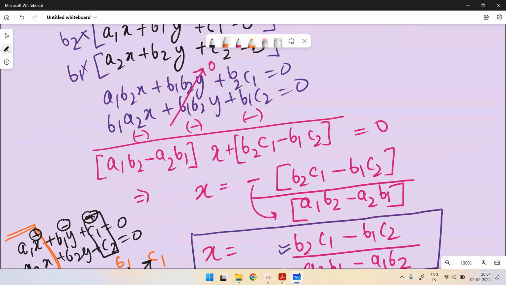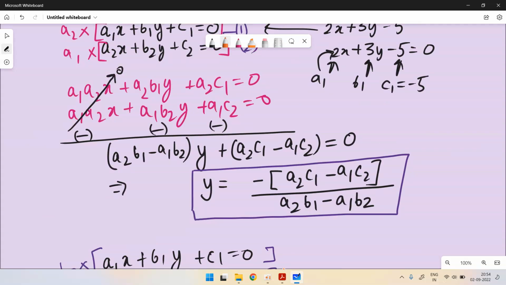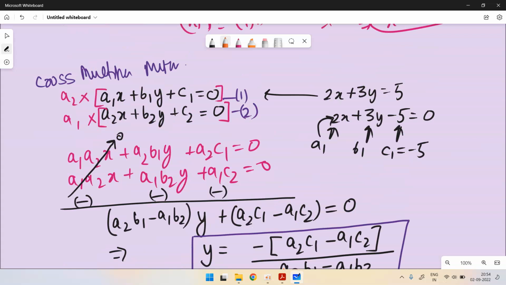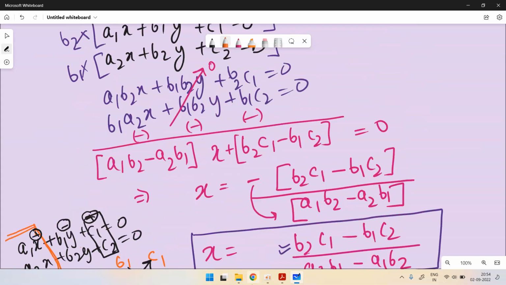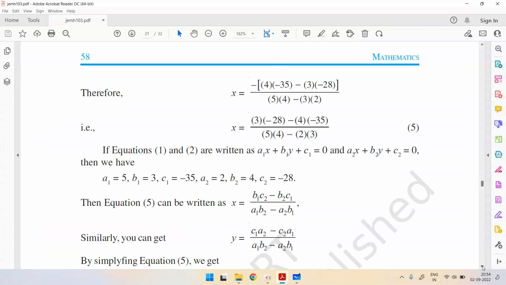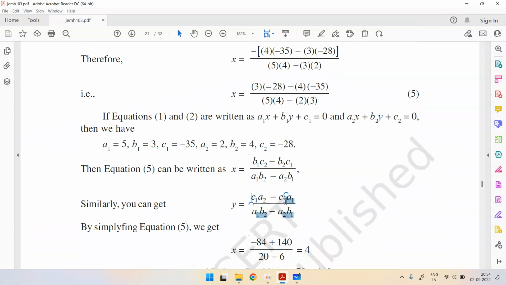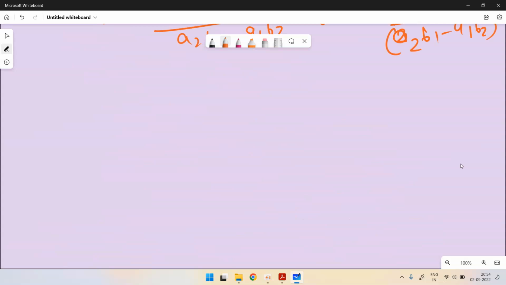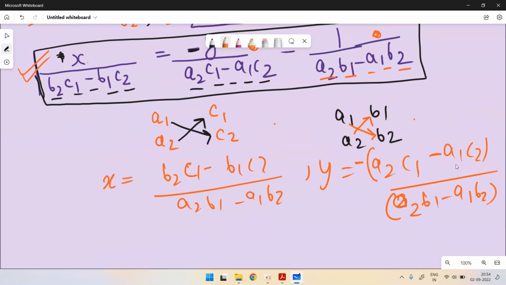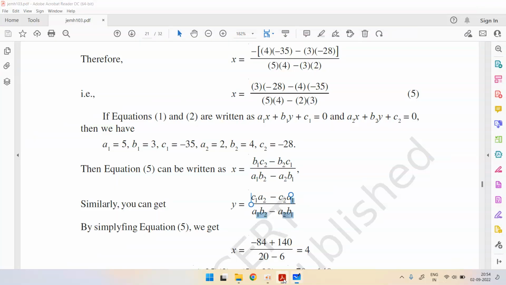If this x is correct, and if I am solving for y, a2 b1 minus a1 b2, a2 c1, a2 b1, a2 c1 minus a1 c2, a2 c1 minus a1 c2 over a2 b1 minus a1 b2.